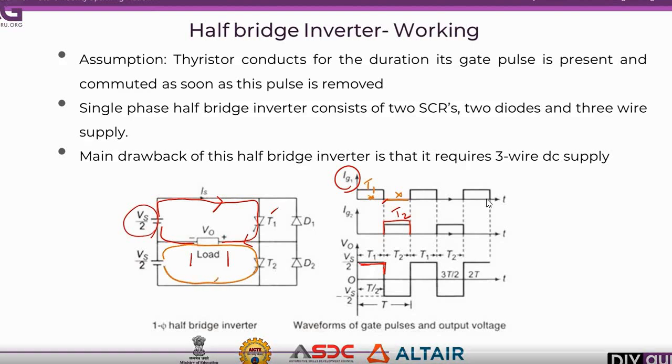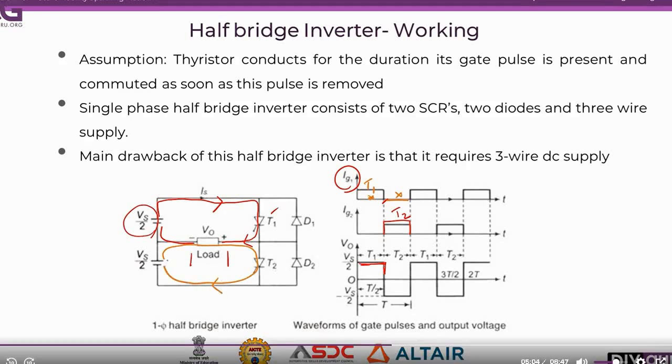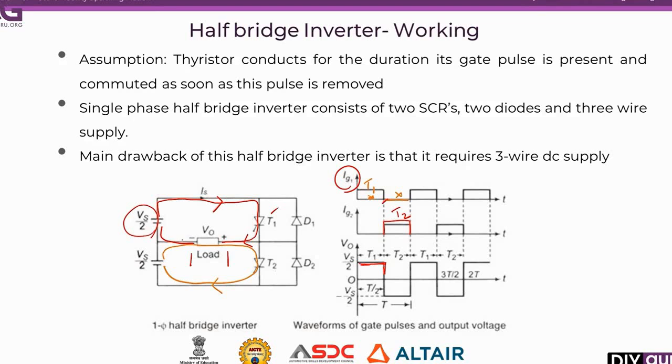Current flows from the source, goes through the negative terminal of the load, and T2 conducts and it reaches the negative of the battery. So my voltage will be in the negative direction as shown in the waveform.